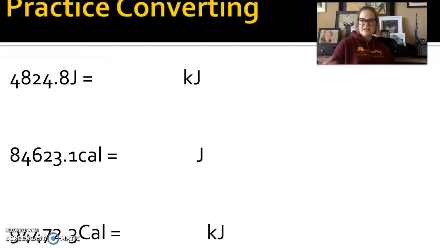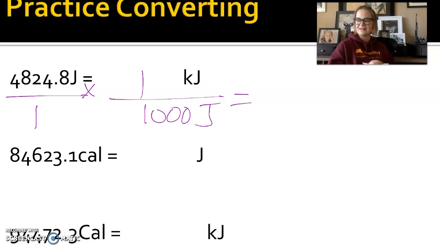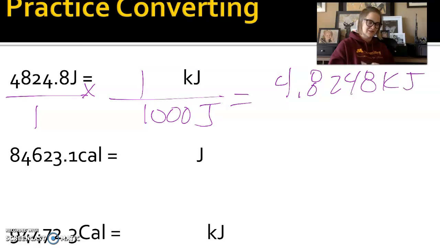I thought it'd be fun to do a little bit of revisiting on how to convert between units. So this is where you need the conversions that we just had before. We're going to follow the same steps as we take the number, put it over 1. We're going to turn it into kilojoules. There are 1,000 joules in 1 kilojoule, and I end up getting 4.8. I'm not going to stress over sig figs.